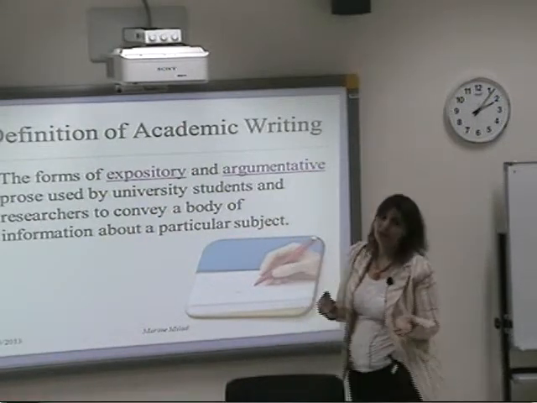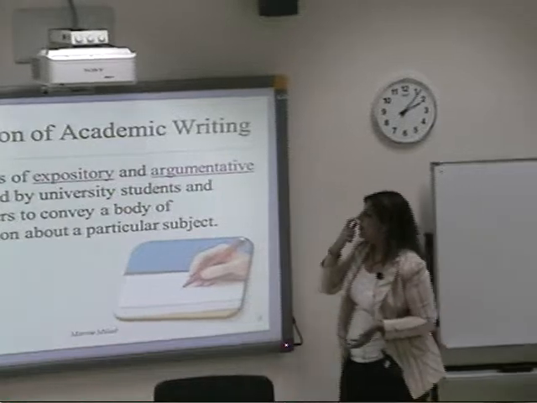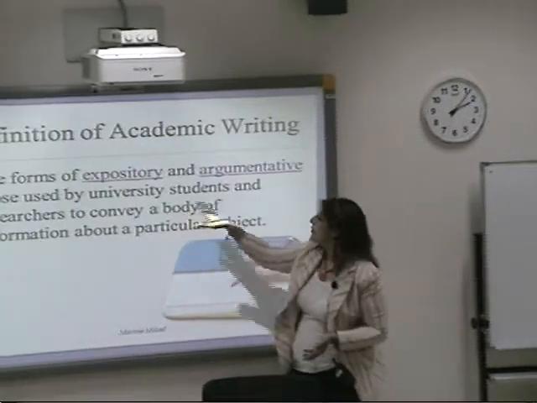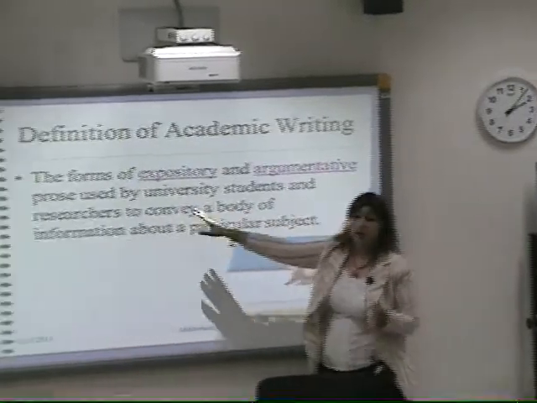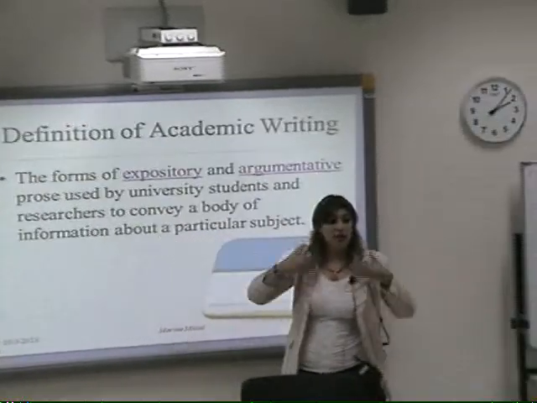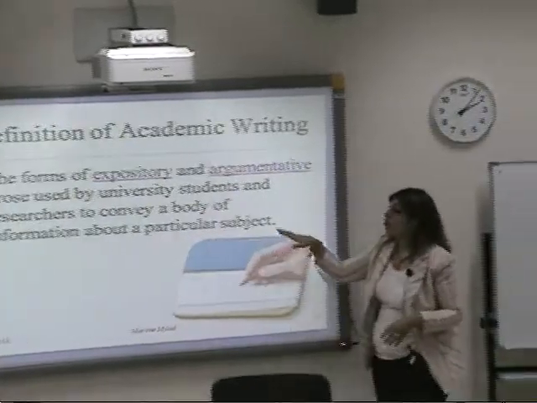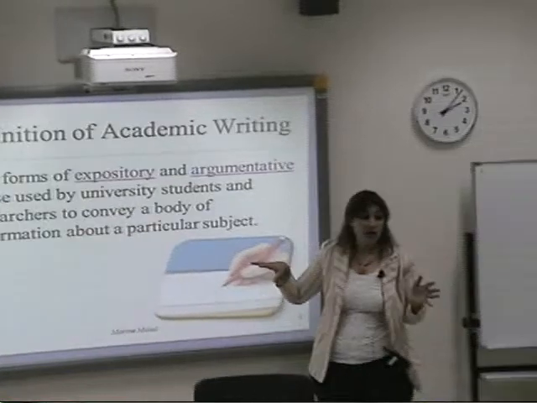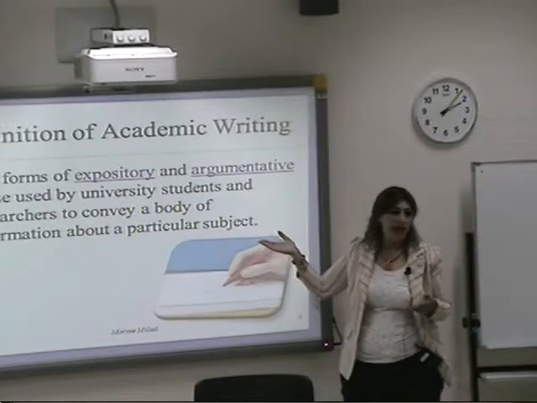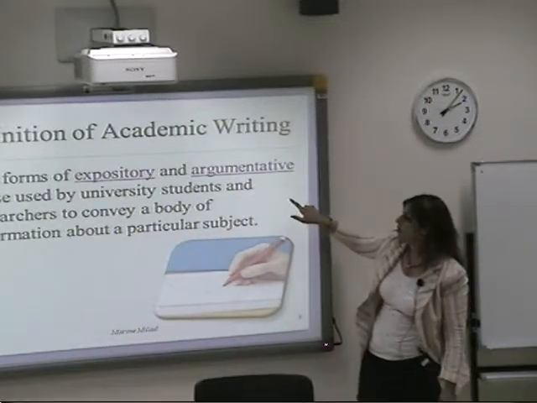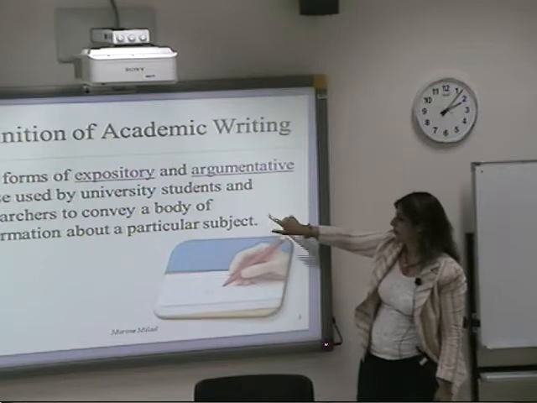Usually, university students and researchers need to convey the knowledge or information that they have learned in the form of an essay. That's why we need to write academic writing.